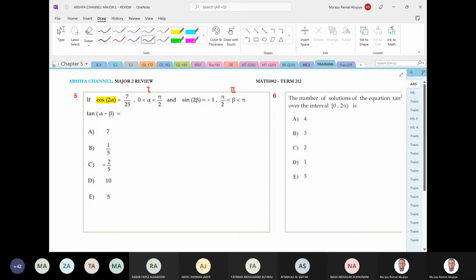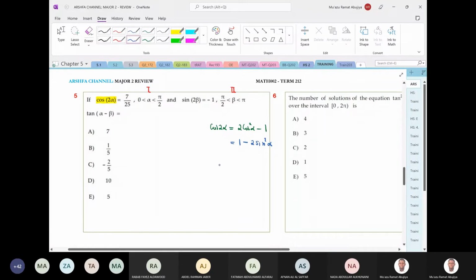I can use the one that contains only one single trigonometry. We know that the cosine of 2 alpha is equal to 2 cosine squared of alpha minus 1. Or we can say this is equal to 1 minus 2 sine squared of alpha. Now we can use any of them.